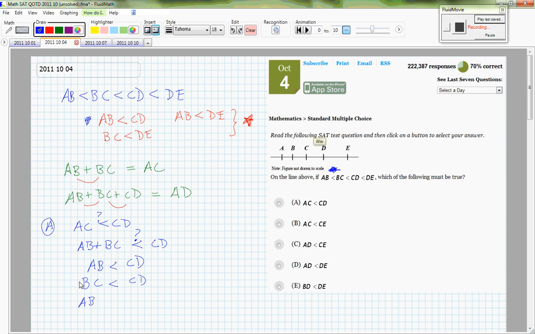From those two, if we add these two inequalities together, keeping the inequalities moving in the same direction, we know that AB plus BC is less than CD plus CD, or 2CD. In other words, AC is less than 2CD. That's really the only statement we can make. I can't make any statement about AC being less than CD, so this is not the right answer.